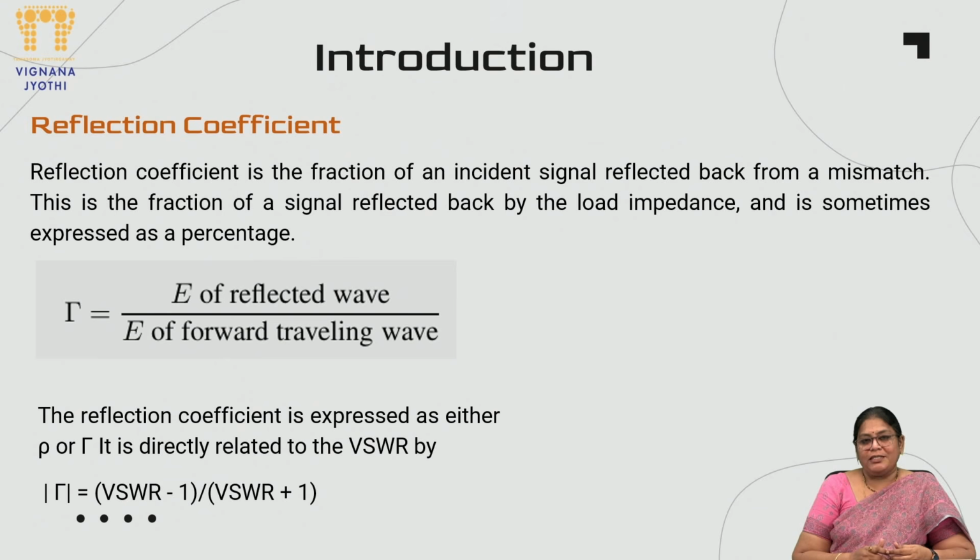Sometimes it is also expressed in terms of percentage. The reflection coefficient is always expressed in terms of a variable called rho, as notated on the given slide, and it is directly related to VSWR by the expression rho equals (VSWR minus 1) divided by (VSWR plus 1).